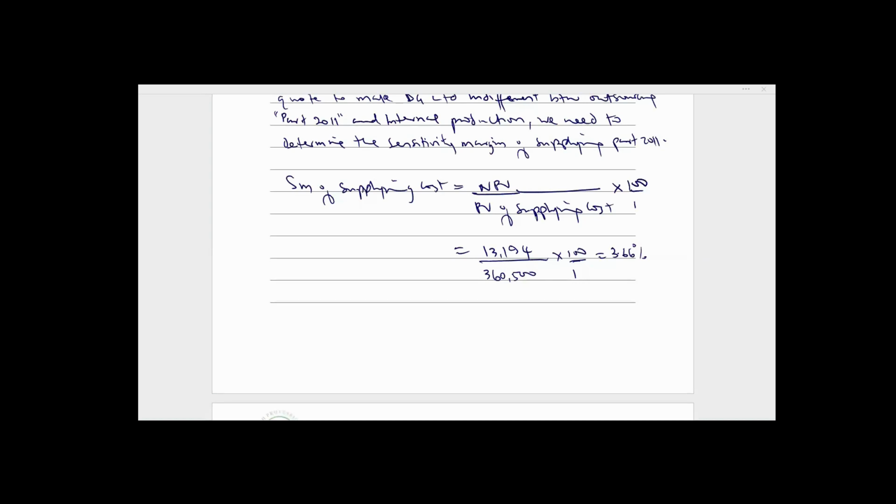So since the supplier's quotation is 100 naira per unit, the quotation can fall by 3.66% in order to break even, that is, to be indifferent. Therefore, the maximum price that the company should quote to break even, let's do the calculation.